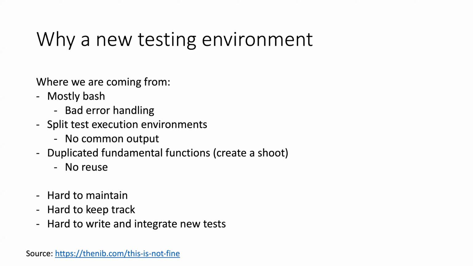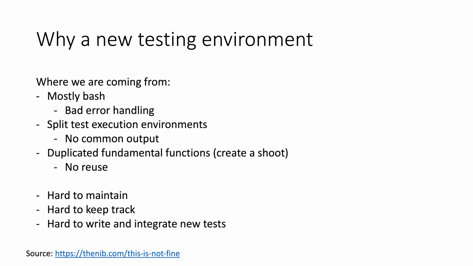We really want that to be reusable and to have one point where we can maintain these fundamental functions. So in conclusion, we have three main pain points. First of all, our current test environment is hard to maintain because of the split environment, because it's mostly written in Bash, and because of the duplicated functions.